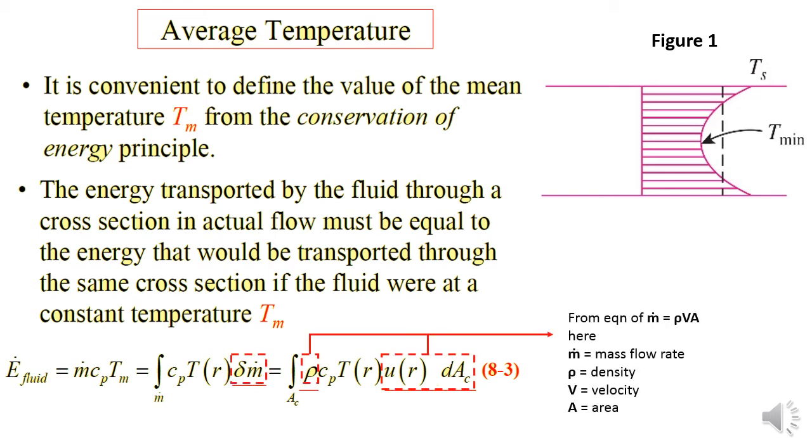Here delta m dot is equal to rho times u(r) dAc.